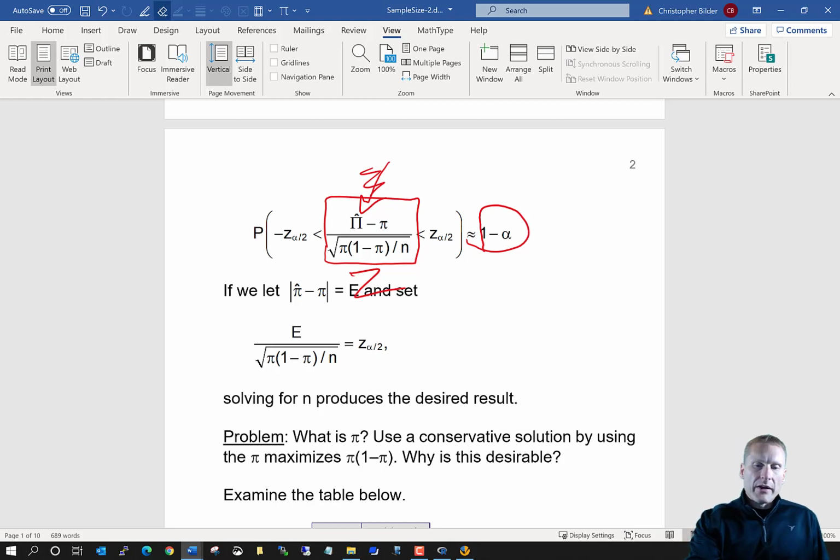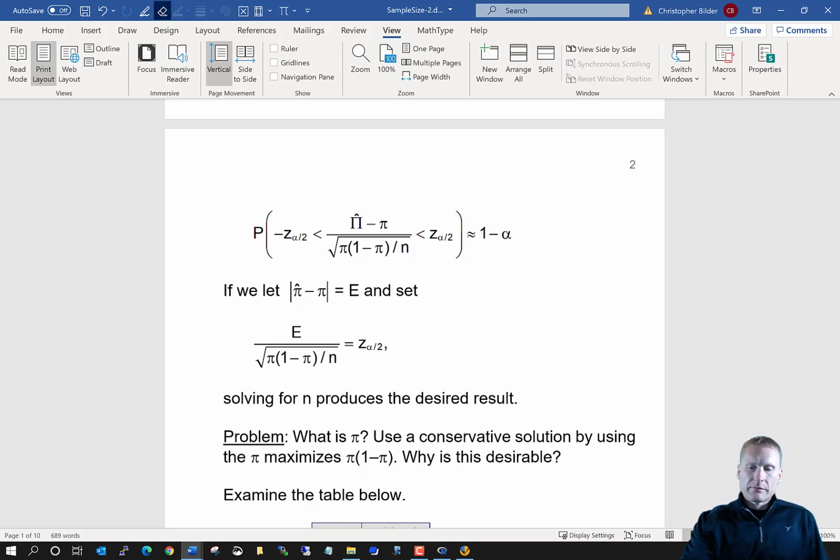Now let me do some erasing here. How about we look at, instead of the random variable version of pi hat, the observed value itself? Then we set that quantity, the absolute value of pi hat minus pi, equal to error, our margin of error.